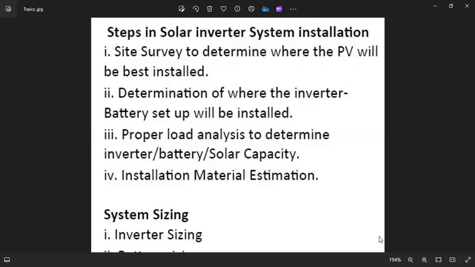So when you keep this battery in a confined space for long, this hydrogen can pile up, and hydrogen is a flammable gas. That means the place is prone to risk of fire hazard. If it gets any ignition, it can catch fire.